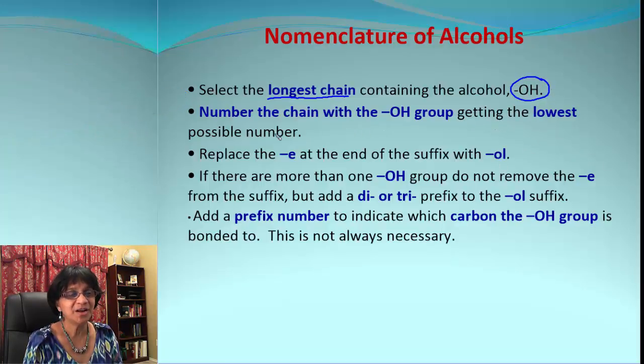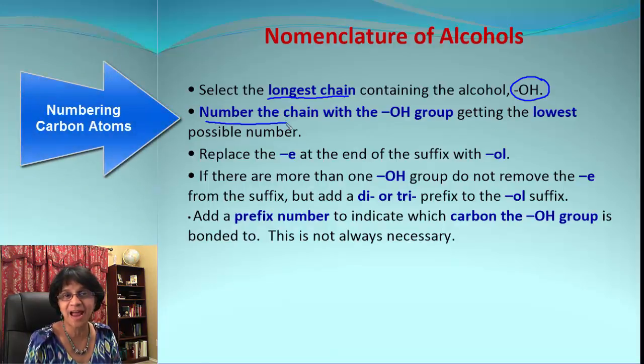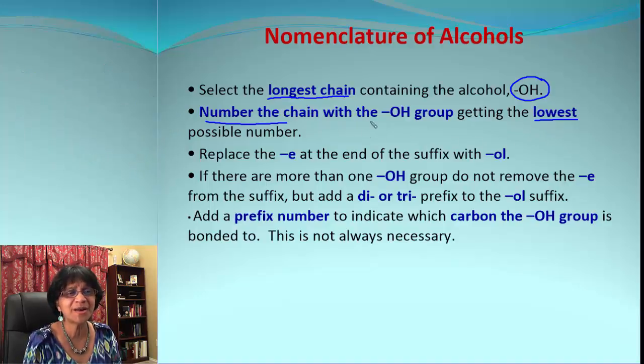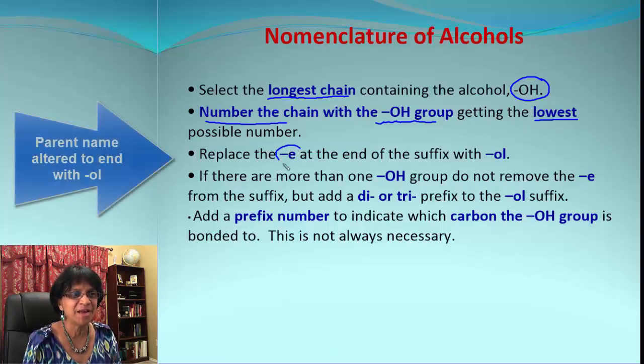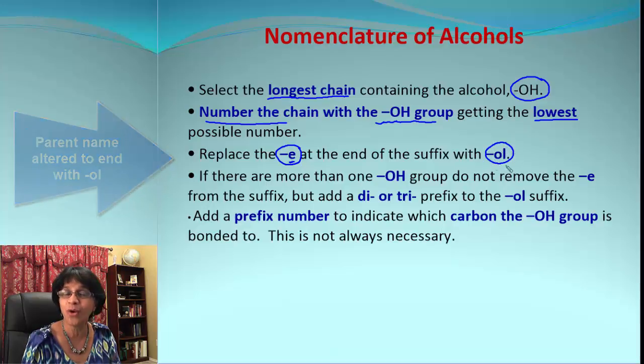Rule number 2. We need to number the carbon atoms now. And we give the lowest possible number to the carbon atom that is connected to the OH group. For the name, we look at the parent name. Maybe if it's hexane, pentane, we remove that E and then we add the word OL.